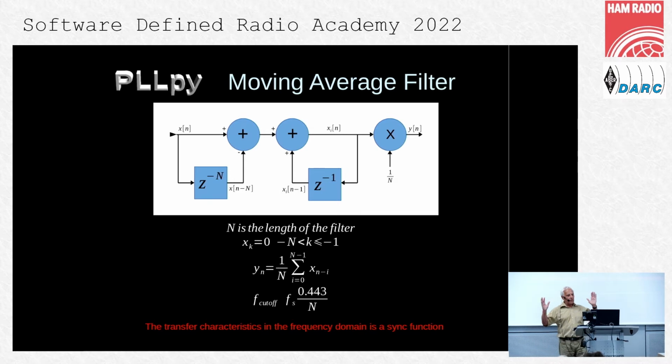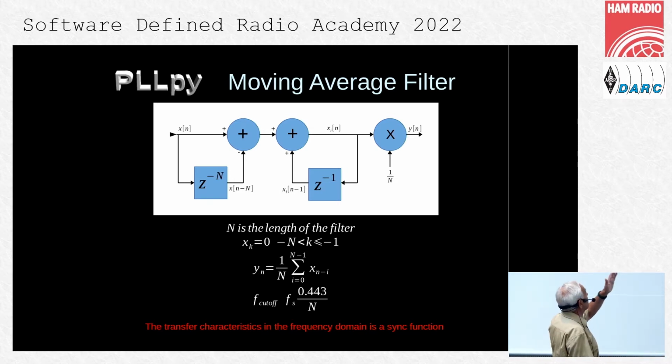Okay, some of the algorithms, very shortly. This is a moving average filter. It's a very tricky algorithm. It's called the cascaded integrator and comb algorithm. The filter, for an output sample, averages the n previous input samples.